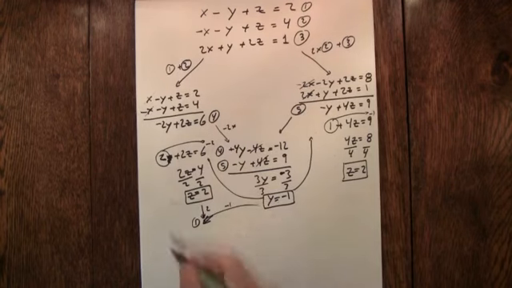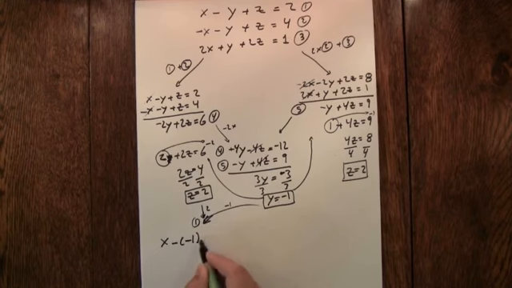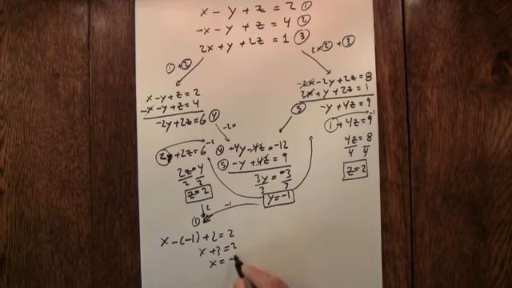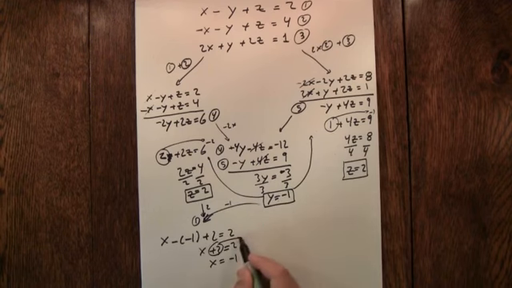So what we end up having is x minus negative 1 plus 2 is equal to 2. A negative and a negative is positive. So that's going to be x plus 1 plus 2, which is 3. So this is x plus 3 is equal to 2, so x is equal to negative 1 when I bring this over.